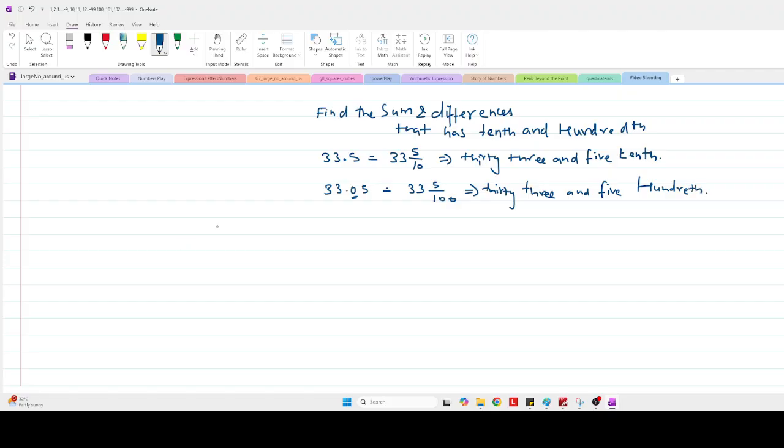Okay. So now let's go to the sum. We are going to do addition and subtraction. Actually I'm going to cover addition and subtraction in a single sum.